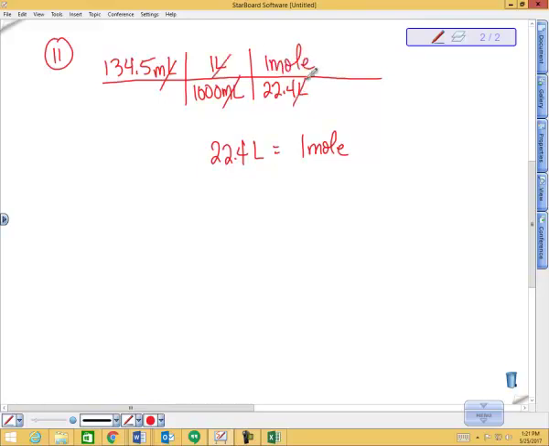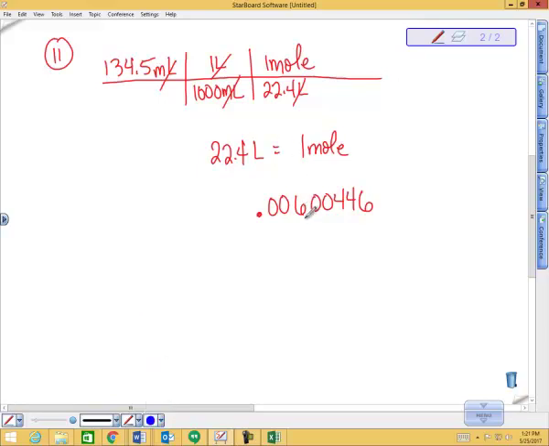Stop here, grab a calculator, let's check our work. 134.5 divided by 1,000 and divided by 22.4. Calculator says 0.00600044, and it keeps going like that. How many sig figs do you want on this answer? 3.